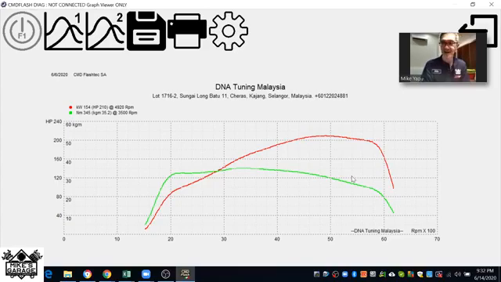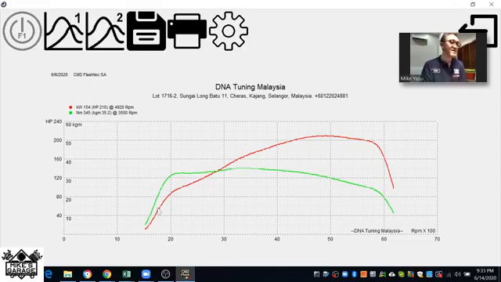That's a very good gain on this 1.4: 210 bhp at the engine. The car was kicking out 345 Newton meters of torque at 3,500 rpm, that's the peak torque.